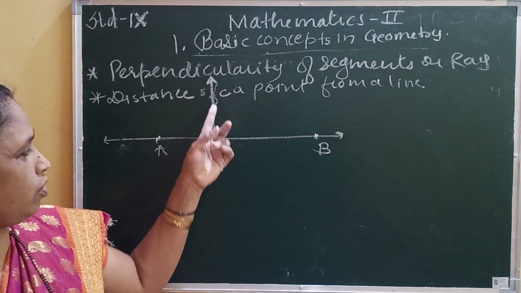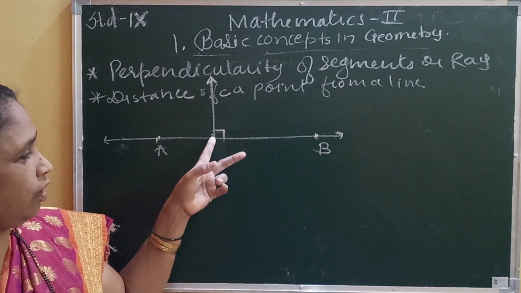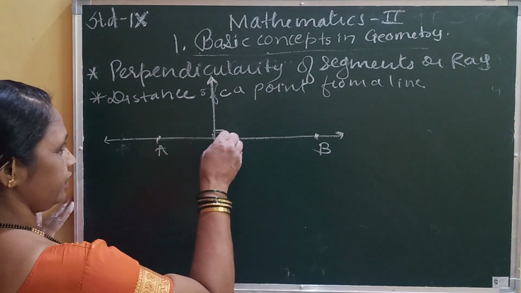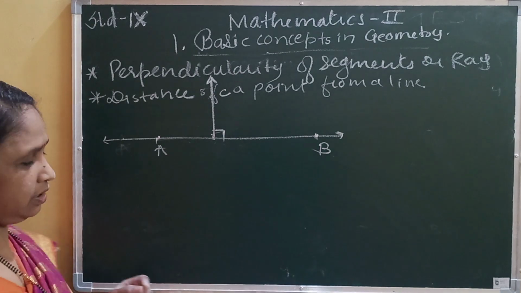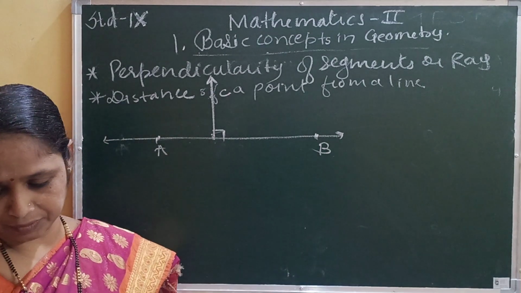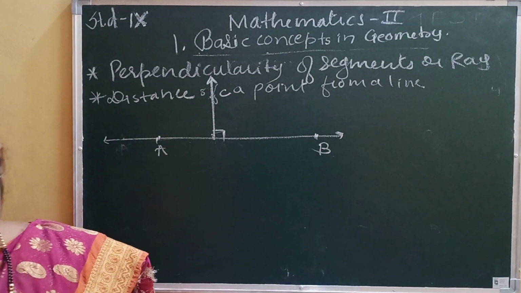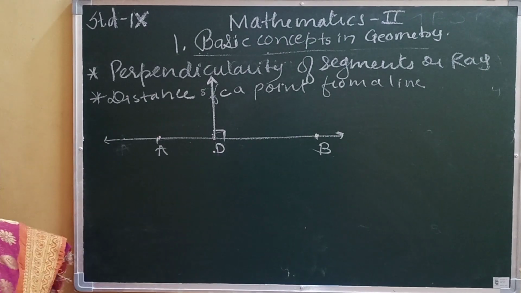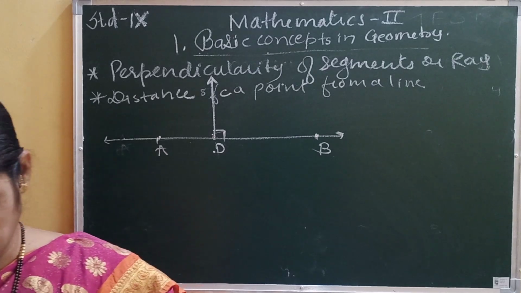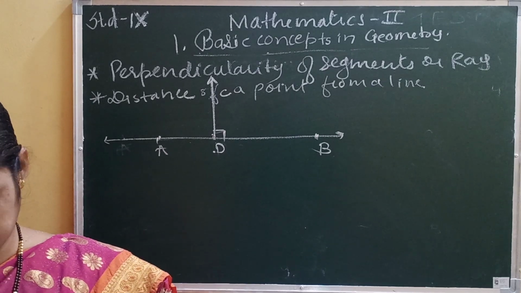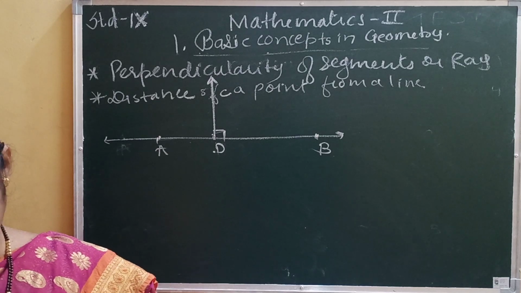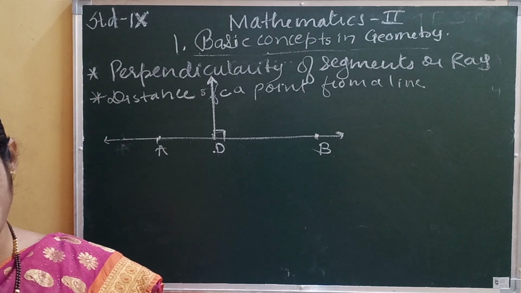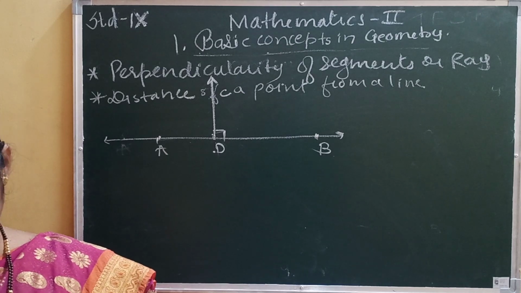Draw a segment from C to line AB so that it intersects at a right angle. Name the point D. If segment CD is perpendicular to line AB and the point D lies on AB, then the length of CD is called the distance of point C from line AB.